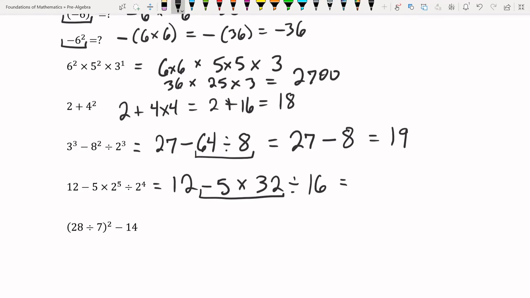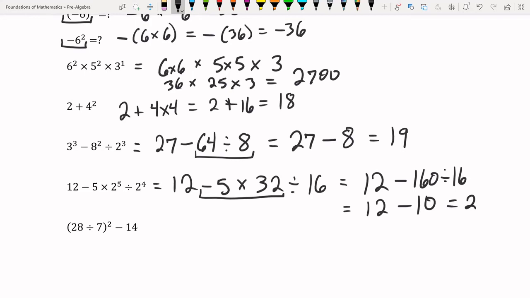That's going to give us, I'm not sure, 160. And it's going to be negative. Negative times a positive is negative. Negative 160 divided by 16 is just going to be 10. It's going to be negative 10 because negative divided by a positive is negative. And 12 minus 10 is 2.